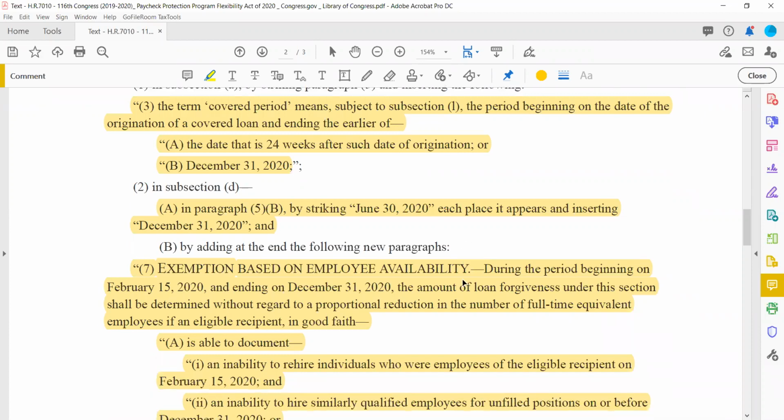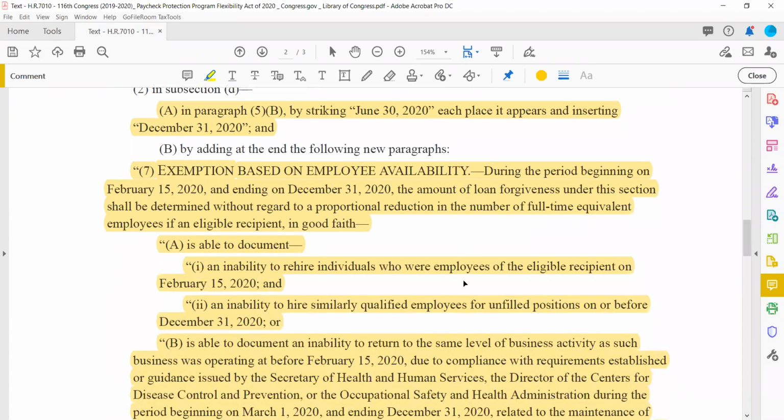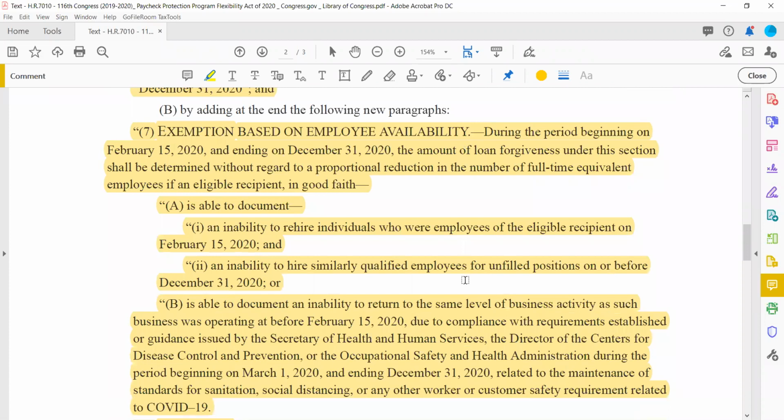Yeah, exactly. And then going right in line with that regarding FTEs, they actually added these paragraphs. These are new paragraphs that weren't in the CARES Act. And this paragraph here, number 7, is talking about basically rehiring those individuals. It puts some more safe harbors in here for the FTE calculation.